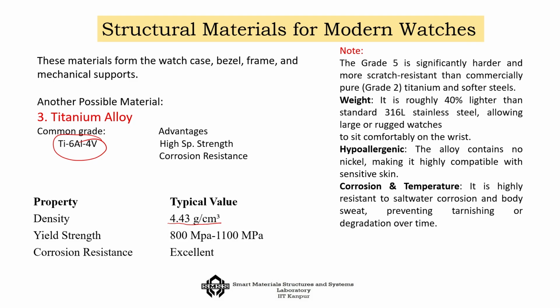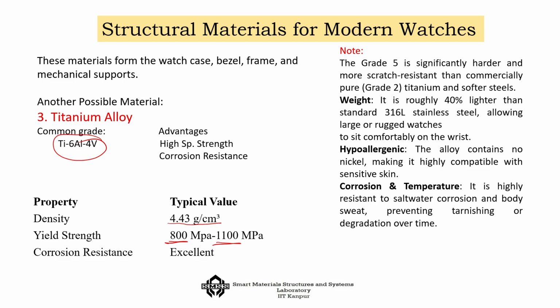Steel is 8, almost double, aluminum is 2.5. So, now that goes up, but then the yield strength is much higher. You can see from 800 to 1100. So, that is a great yield strength. You will get a kind of material which can withstand even higher pressure. It will be a much more rugged system.